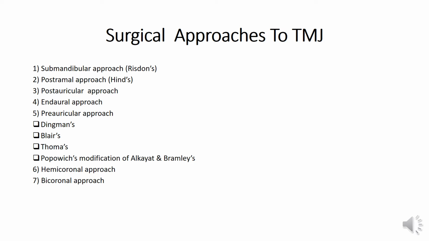Out of all these approaches, the preauricular approach, which is also called the Alcott-Bramley incision, is the one more commonly practiced, followed by the submandibular approach, a Risdon incision, to access the temporomandibular joint, or a combination of both if a wider area has to be accessed. So these are the names of the incisions commonly in practice to access the temporomandibular joint.